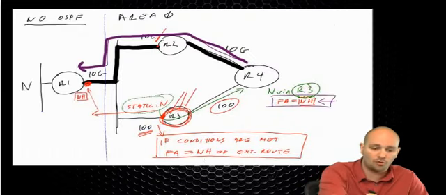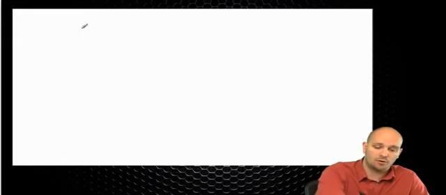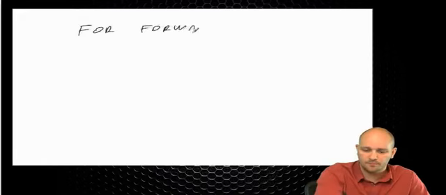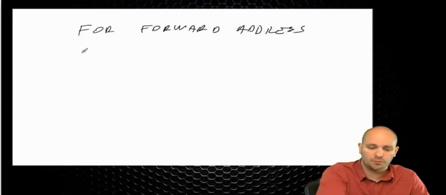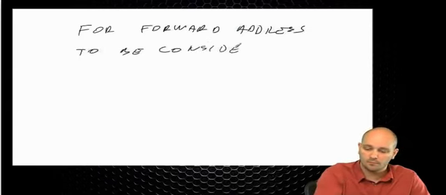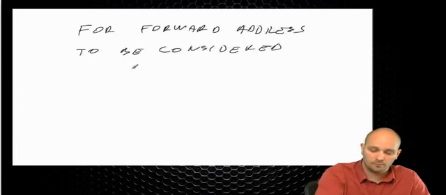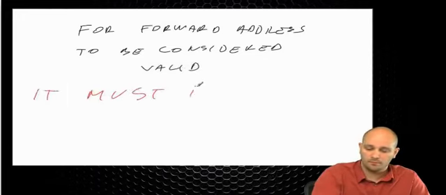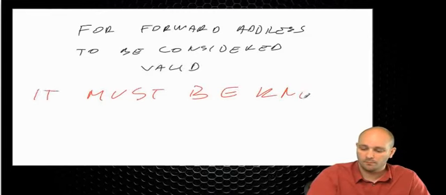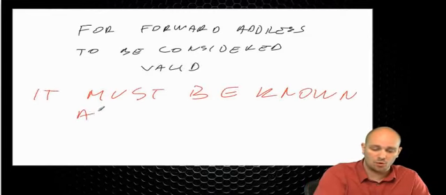In order for the OSPF forward address to actually be used, and this is extremely important, for the forward address to be considered valid, it must be known as an OSPF route.